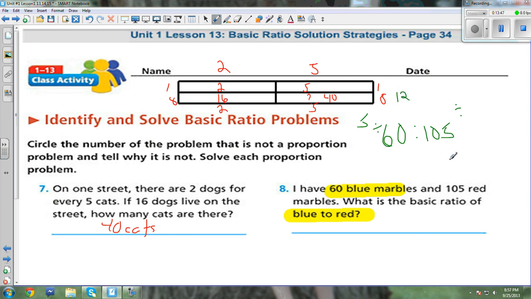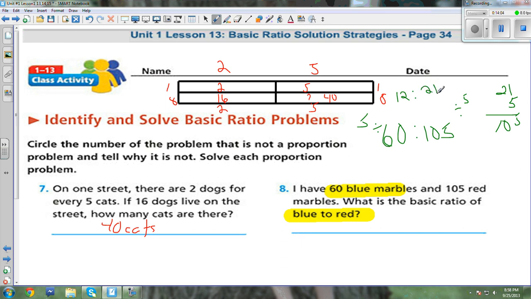Okay. 105 divided by 5, I believe, is 21. I'm going to double check. 21. Yep. So now I'm at 12 to 21.